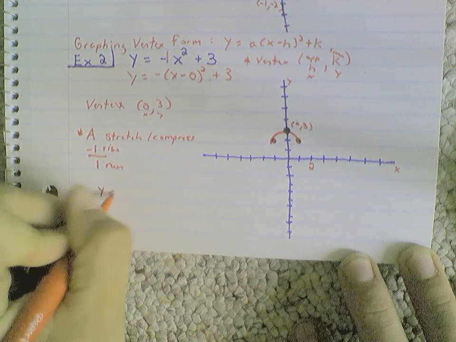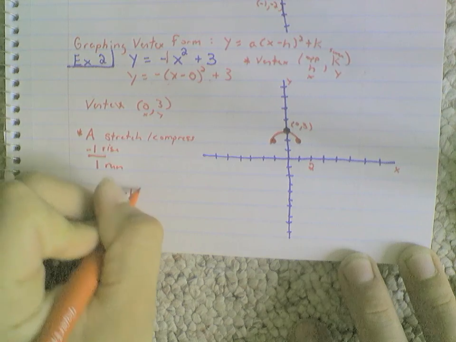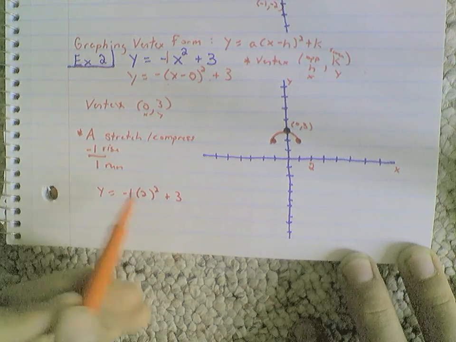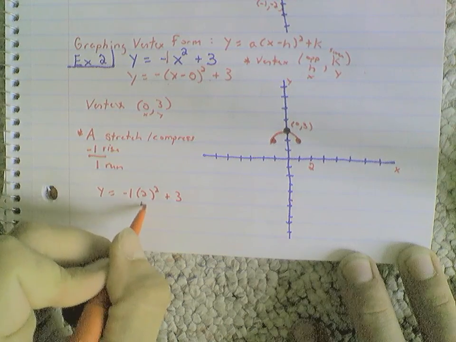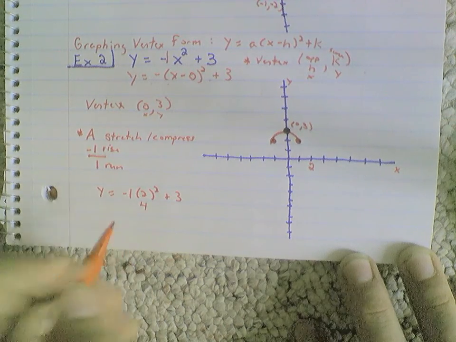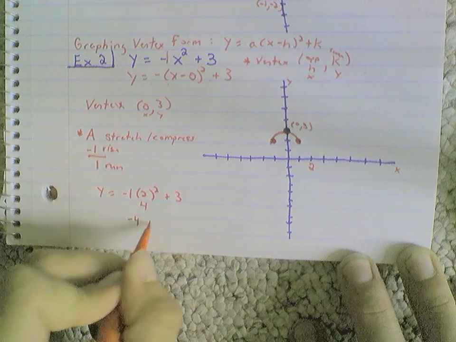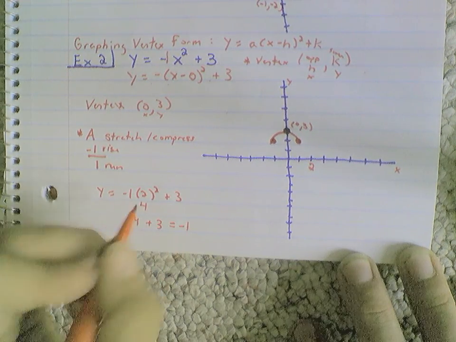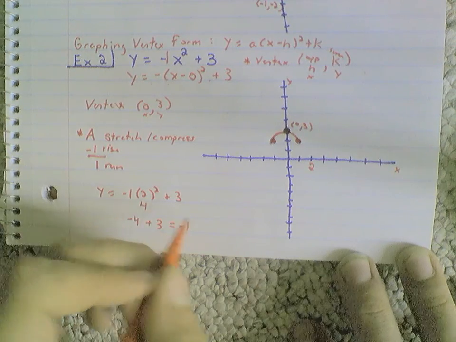So y equals negative 1 times 2 squared plus 3. Well, 2 squared is going to be 4. And then negative 1 times 4 is negative 4. If I add 3 to that, I'll get negative 1. So when I plug in a 2, I'm at negative 1.